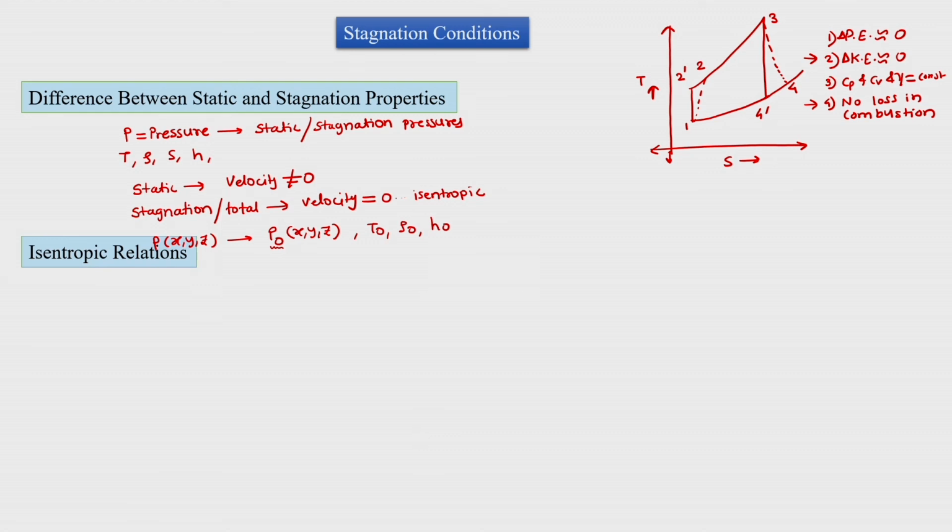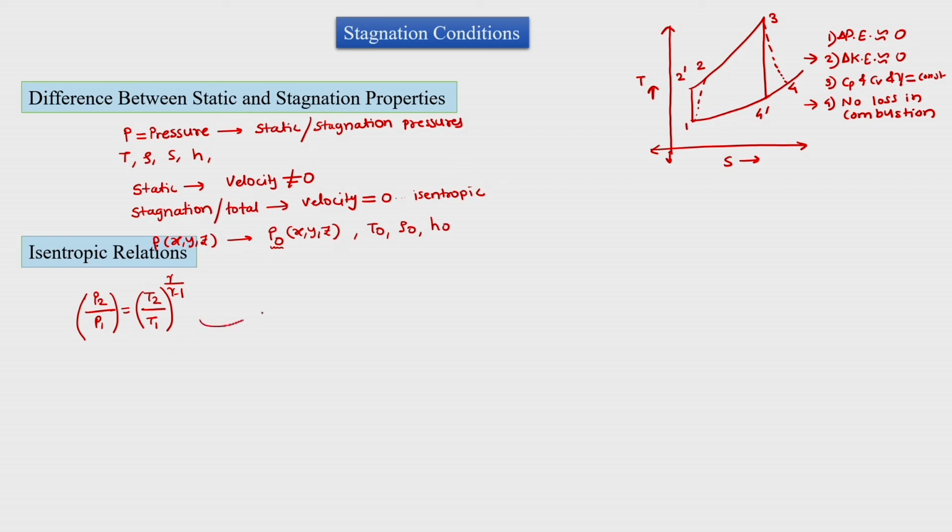So we have to consider isentropic relations, and as isentropic relations we know that P2 upon P1, which we have always used for Rp, the pressure ratio, and we said that T2 by T1 is equal to (P2 by P1) raised to gamma minus 1 upon gamma. The same relation says that P2 by P1 is equal to (T2 by T1) raised to gamma upon gamma minus 1.